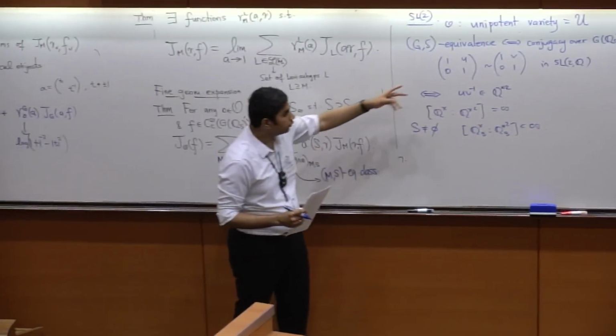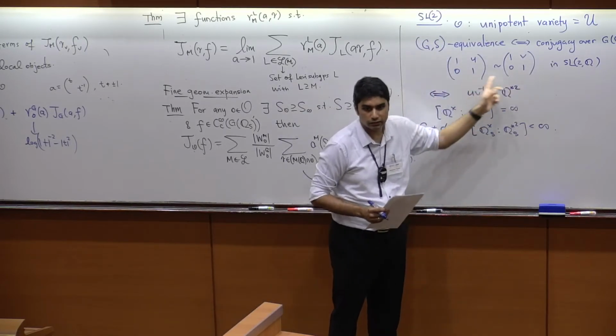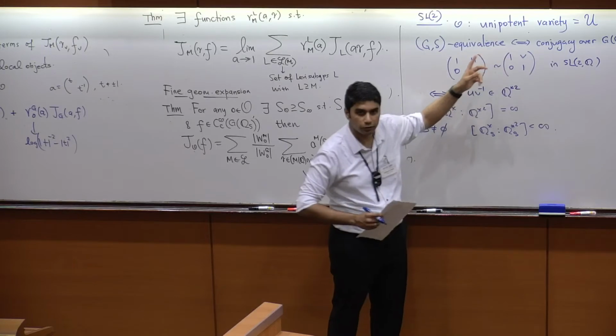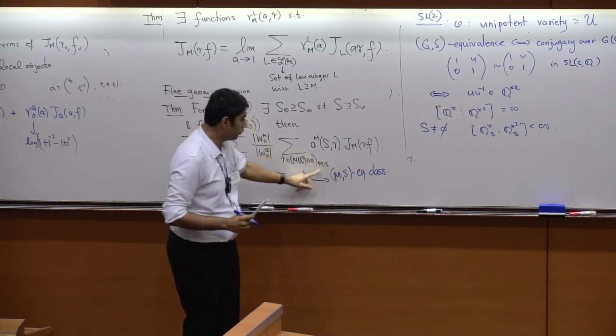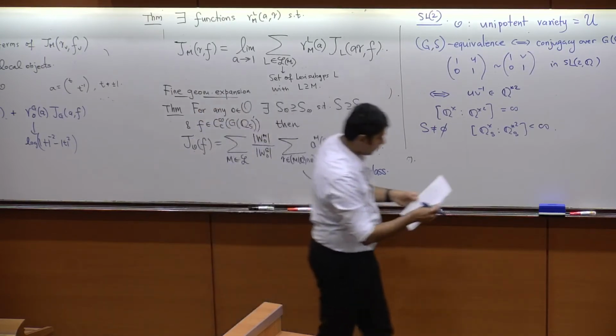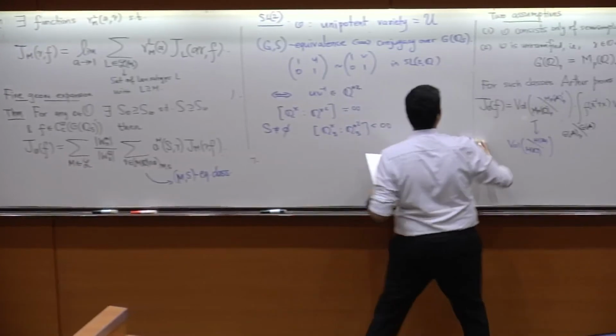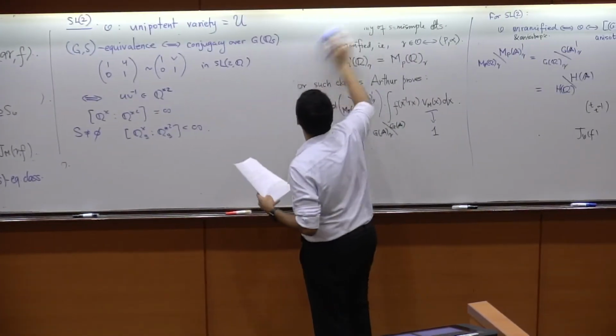Okay? So if you impose a local condition here, then you get finitely many classes inside this O equivalence. Typically there are infinitely many of these classes, but if you impose this condition, this is a finite set. All right? Now let us discuss the three cases. First case is O is anisotropic.